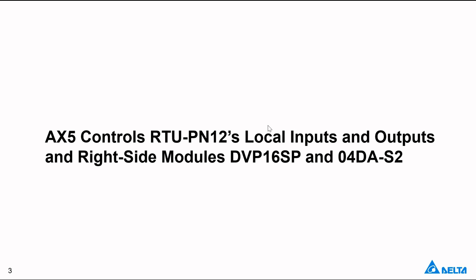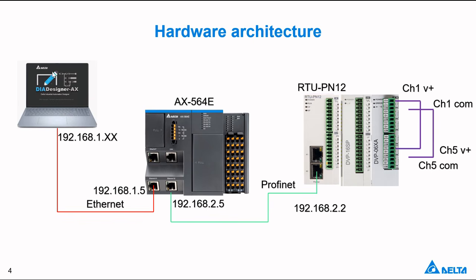First, you can see the hardware connection. Our computer is 192.168.1.44. The AX5 has 2 Ethernet ports, one for 1.5, and the next port is for 2.5.